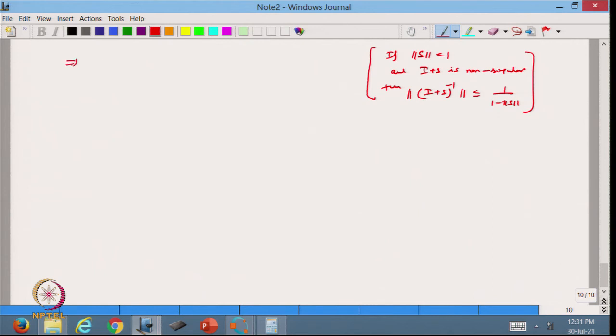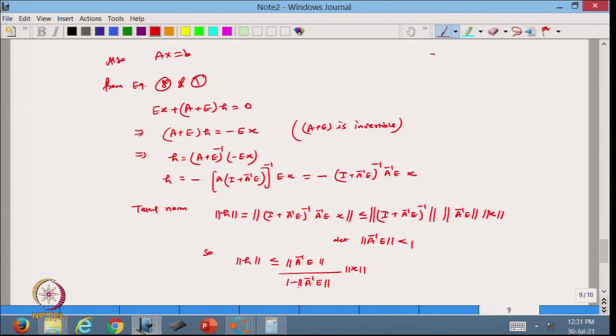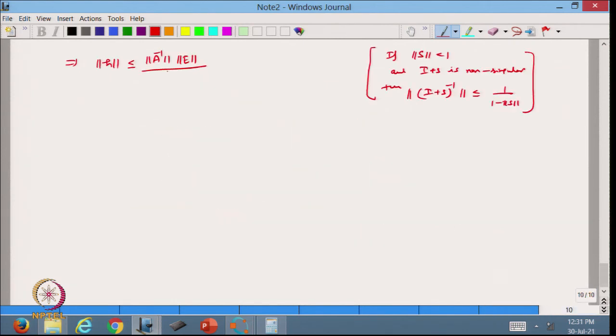So, from here I can write that norm of H is less than or equal to, I can define E over 1 minus, so from here I can define it like 1 minus A inverse into E and x.